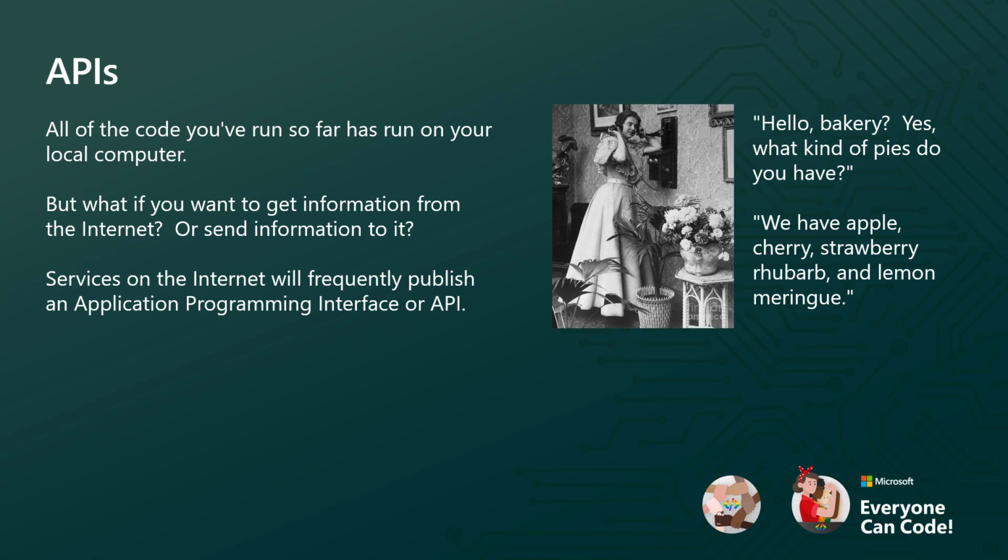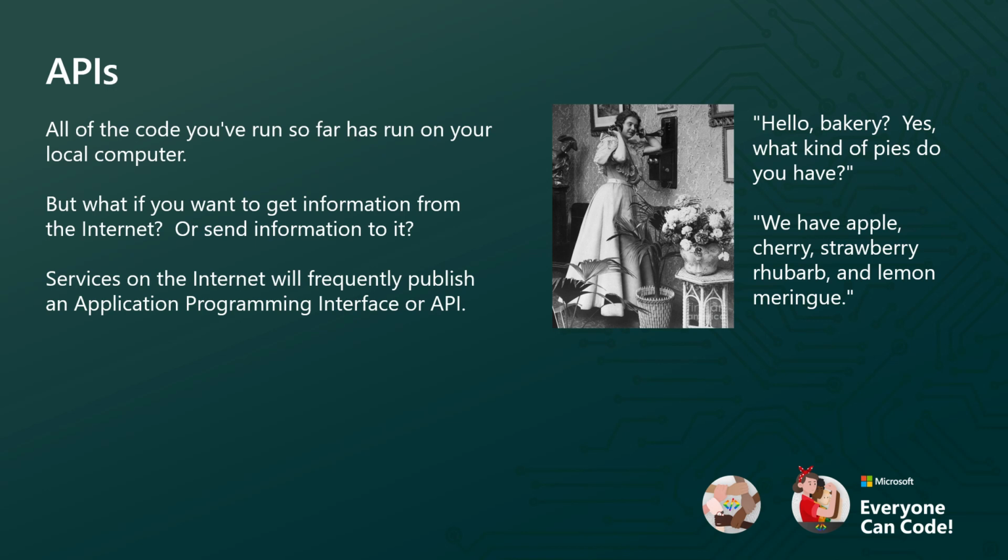Now, all of the code you've run thus far has run on your computer. You wrote it, you built it, you just ran it. But what if you wanted to get information from the internet? Or if you wanted to send information to it? Well, services on the internet will publish their application programming interface, or API.